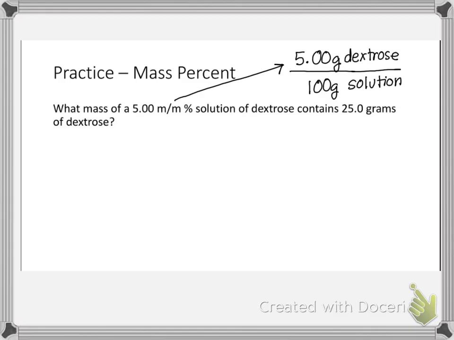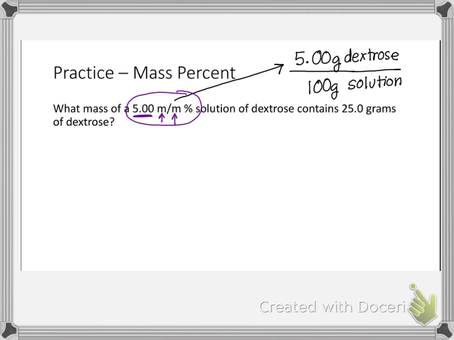Right? That's what the percentage tells me. That is what this right here tells me. I have 5, it's mass to mass, grams of the dextrose in 100 grams of solution. Why did I pick 100 grams of solution? Percentages are out of 100.